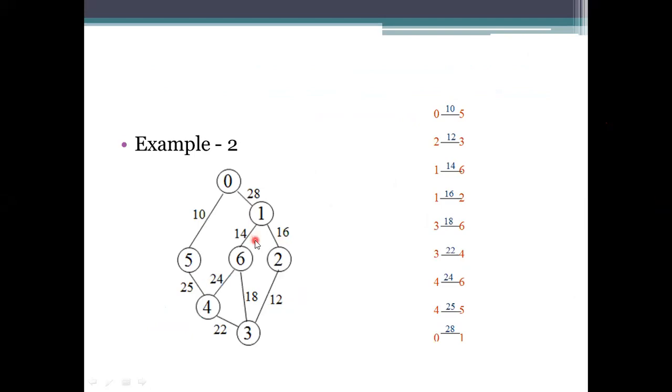so this is the diagrammatical representation, a tree-like structure, and we have 7 such nodes. And how many edges are there? Count it: 1, 2, 3, 4, 5, 6, 7, 8, 9. So 9 edges are there.